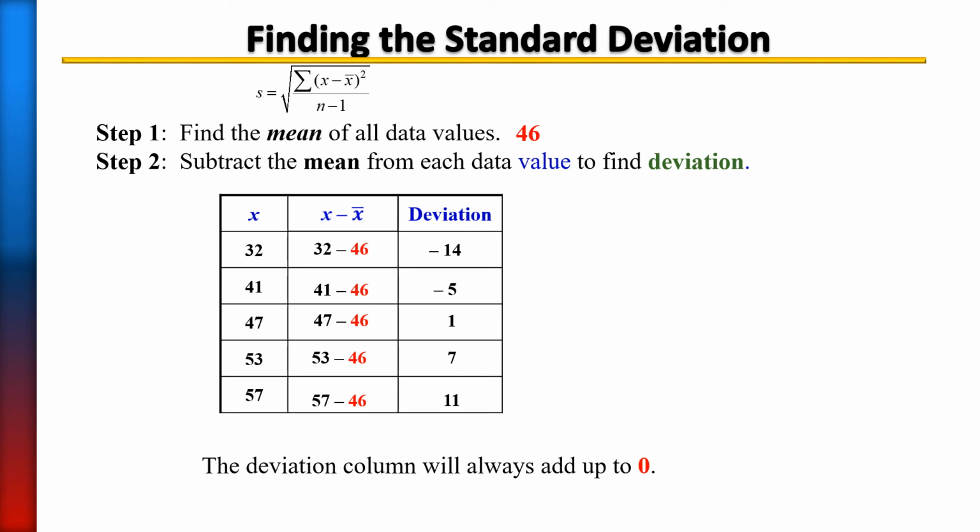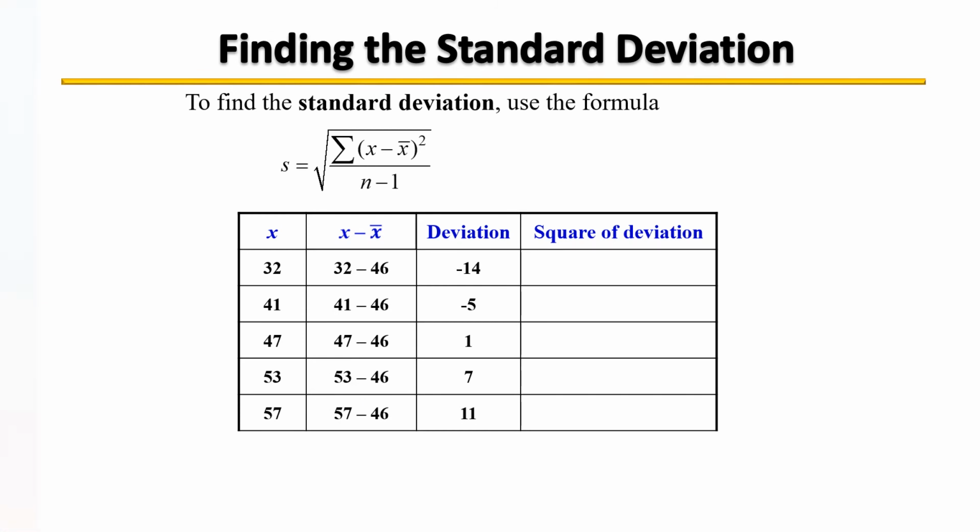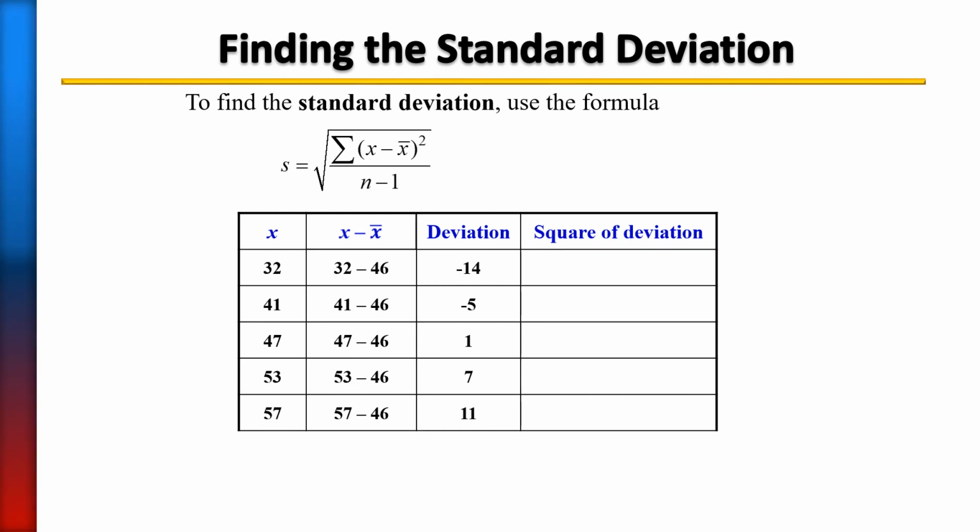The deviation column will always add up to 0. Okay, so let's continue the process. So we have our deviation column.